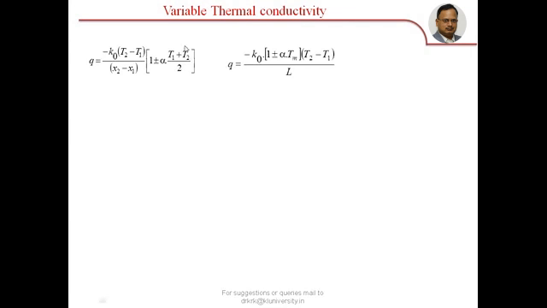This T1 plus T2 by 2 is known as mean temperature. So q equal to minus K naught 1 plus or minus alpha Tm, T2 minus T1 by x2 minus x1, which is L. So you can write capital Q is equal to minus K naught into 1 plus or minus alpha Tm, which is K mean.